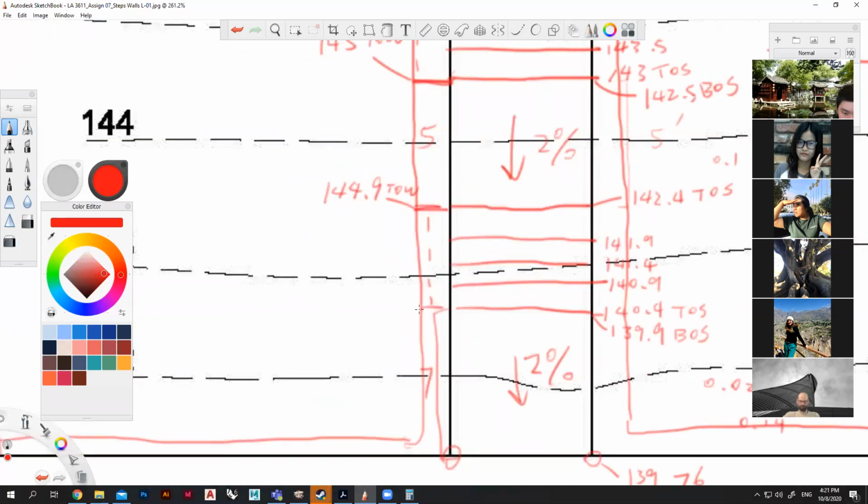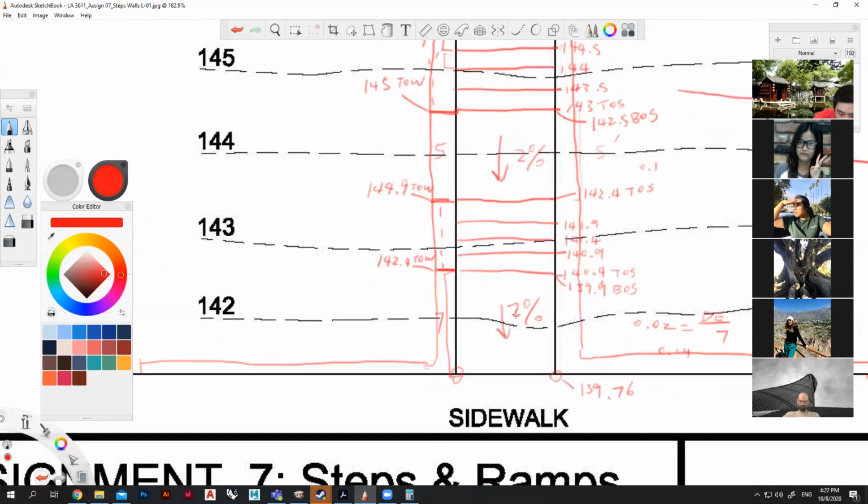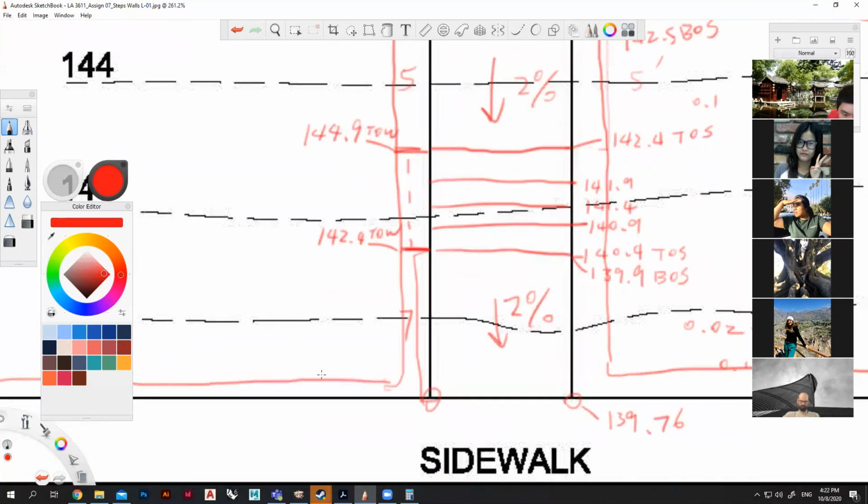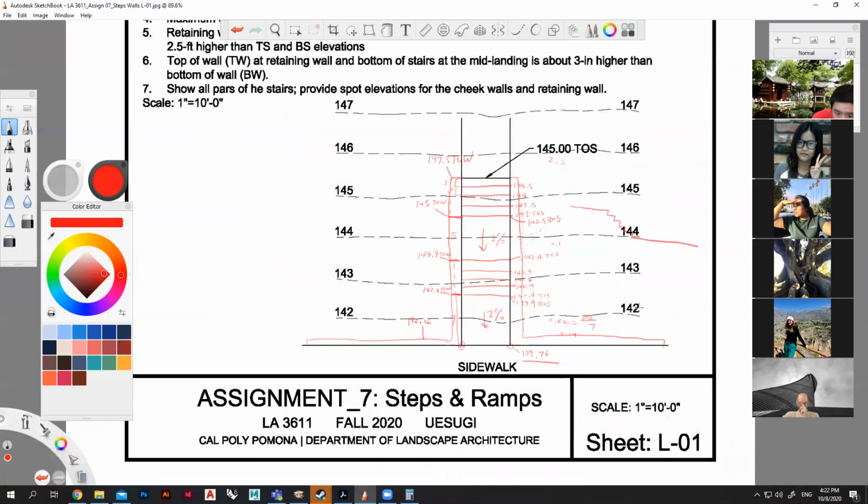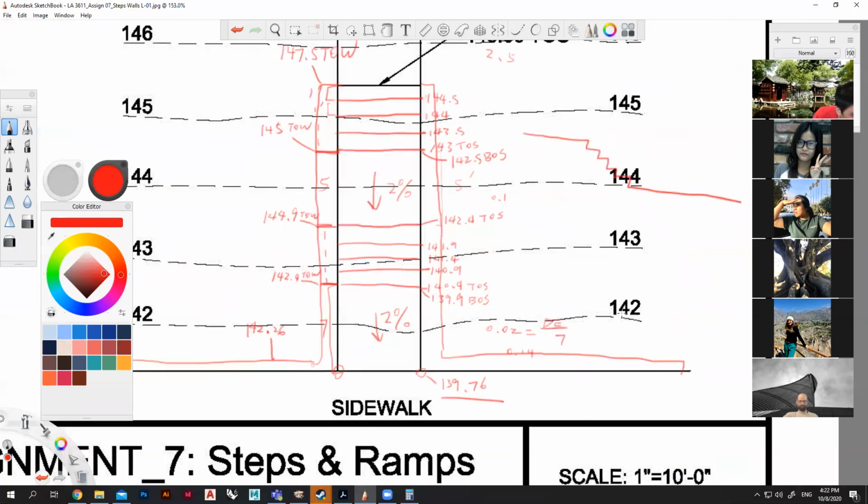And then over here, 142.4. And then the rest of it, we use this number, 142.26. And that's all for this question.